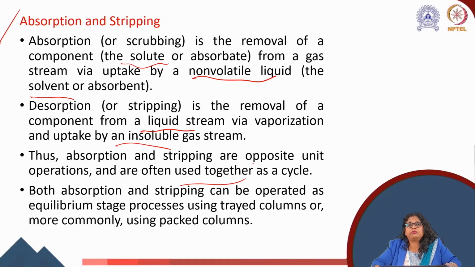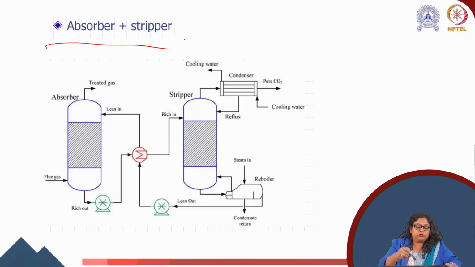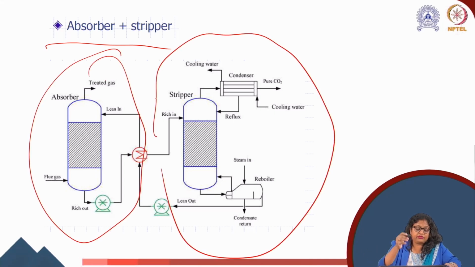Both absorption and stripping can be operated as equilibrium stage processes using a tray column or, more commonly, a packed column. So this is the absorber plus stripper. This is the absorber and this is the stripper.